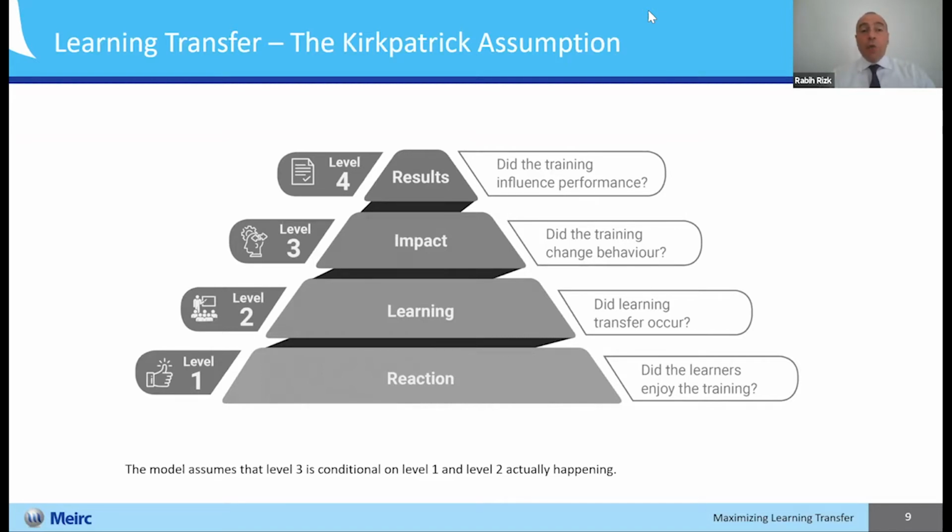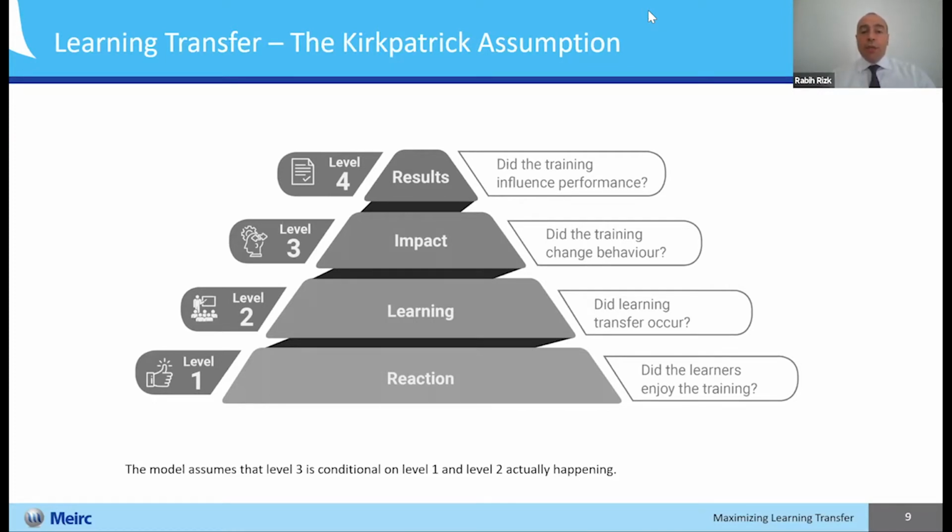However, what I would like to highlight about the Kirkpatrick model is something really interesting, which is the assumptions that he took while developing the model. There is an upward vertical assumption in the model that we need to be very much aware of, although it has been criticized academically.